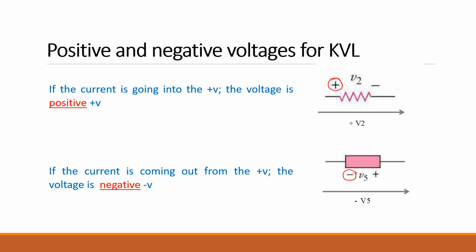So we have to do it correctly, otherwise we can go wrong when we are applying KVL. So when the current is going into the positive side, it is a positive voltage. When the current is going into a negative side, it is a negative voltage. So here V2 is positive, V5 is negative. When you are adding, you need to take the algebraic sum, so you need to consider this sign convention.